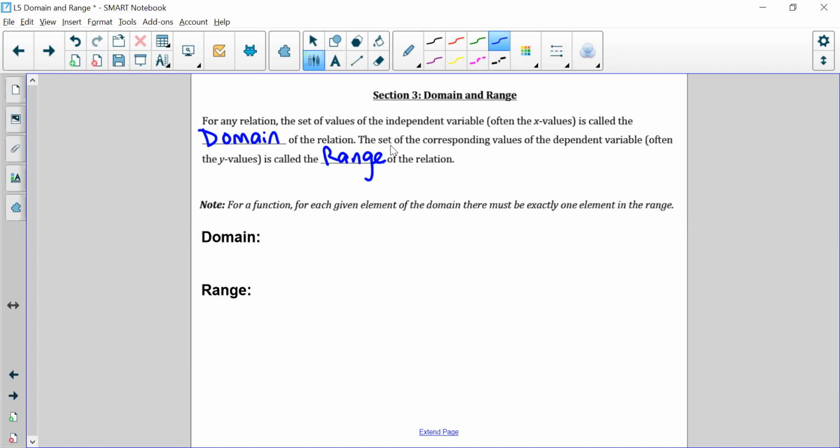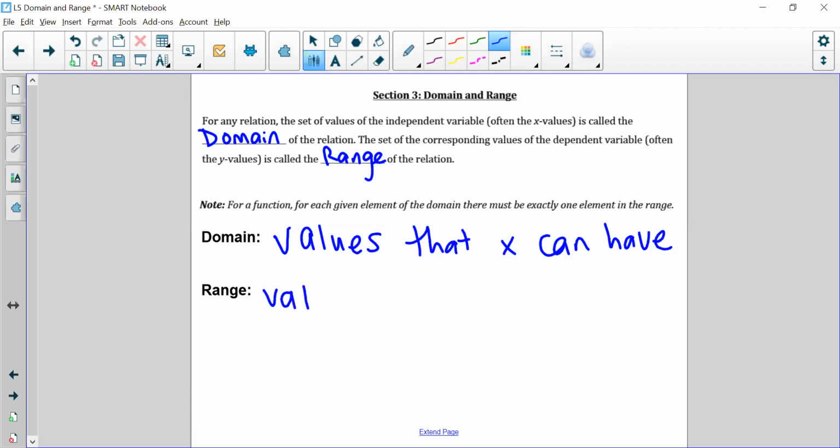Are there limitations on where it exists? So for the domain, what we're looking for is the values that x can have, or what x values the graph exists. And for range, we're looking at the values that y can have, or what y values on the graph the function exists.